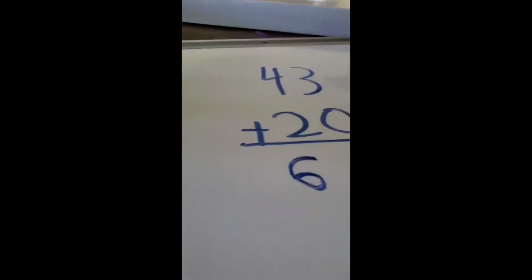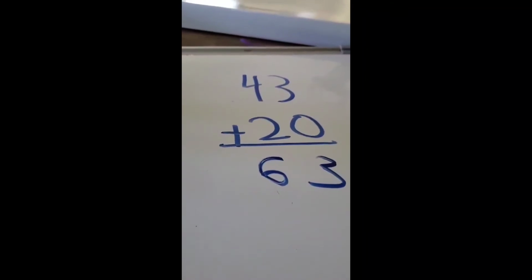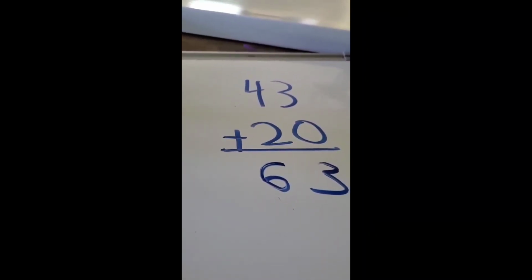So now I'm going to show you how to mentally solve 43 and 20, okay? So for that, this is how you would solve it mentally. Get your finger back on the 43 on your 100s chart, okay? So 43 plus 20, I'm going to add or count on by tens.